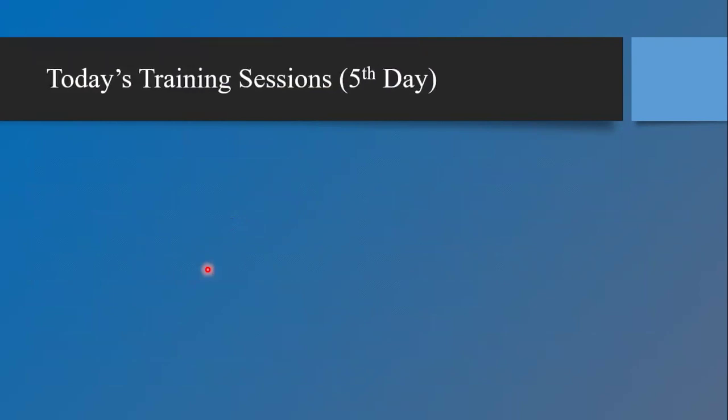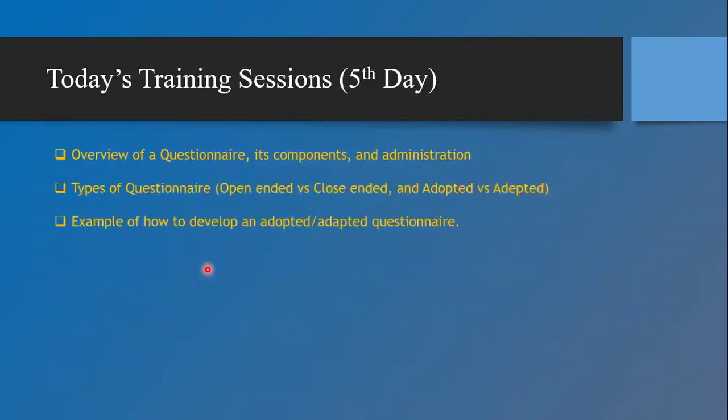So today's training session builds on what we covered in the previous session: the questionnaire and its component and administration, types of questionnaire, whether open-ended or close-ended, adopted versus adapted, an example of how to develop an adopted or adapted questionnaire, and code book creation.